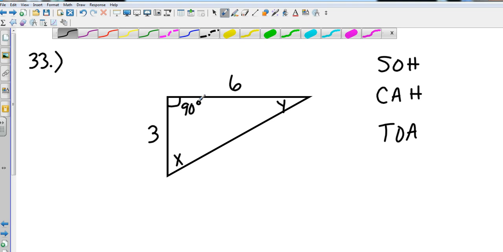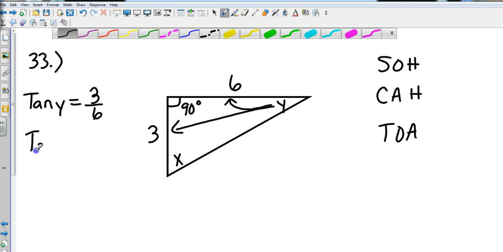And so it looks like y has an opposite and a non-hypotenuse, so that means adjacent. So I've got an opposite over an adjacent. I'm going to find tangent. So I'm going to find tangent of y equals opposite, which is 3, over 6.